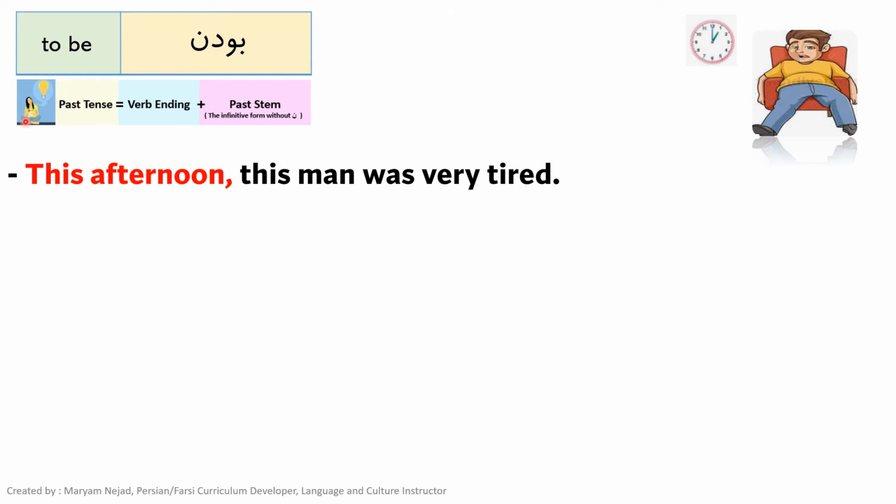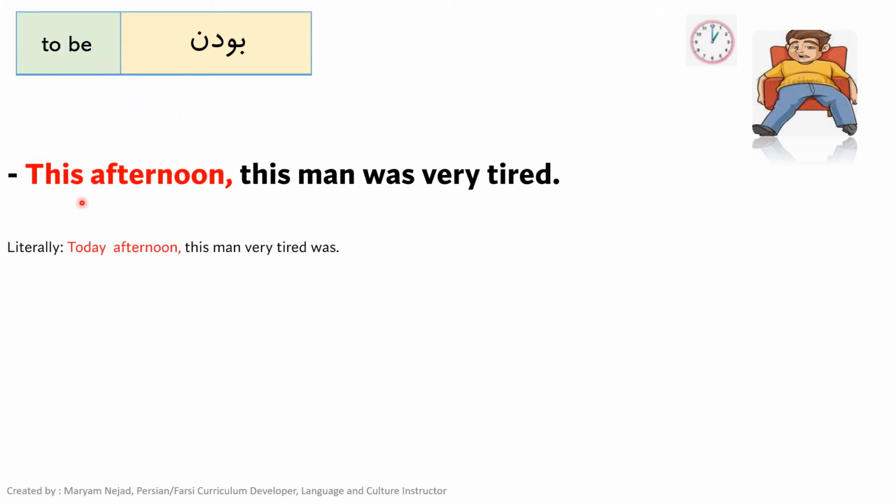So here's the formula for past tense again. We just get rid of the noon. And remember, for third person singular in the past tense, there's no verbal ending. And literally, we need to say something like, today afternoon, this man very tired was.